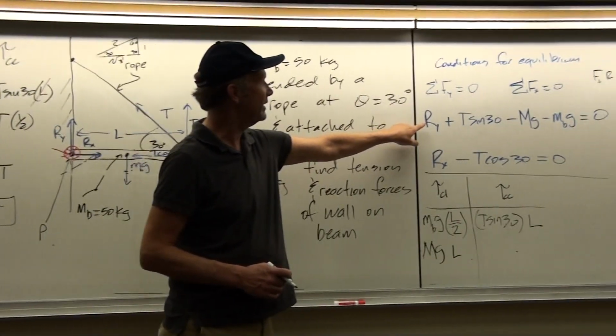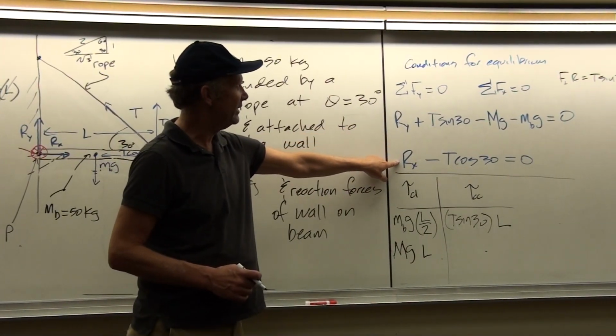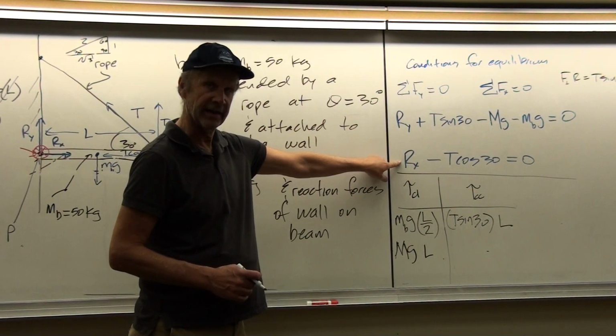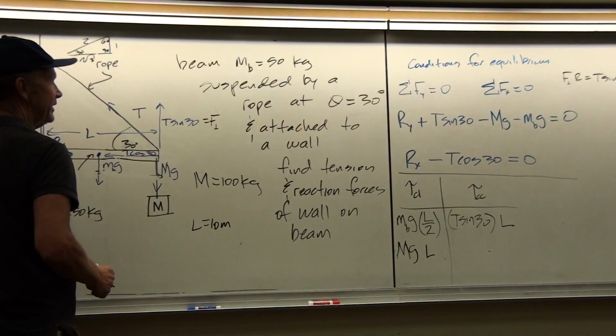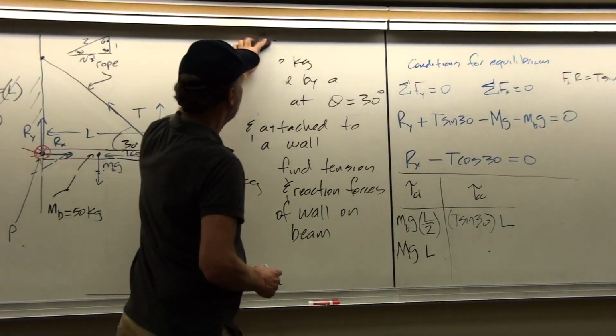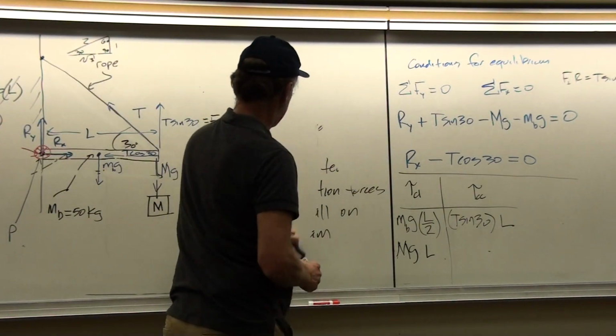Now I can go back into, let's say, this equation, because this only involves the tension and Rx. That means I can solve immediately for the x component of the reaction force, Rx.